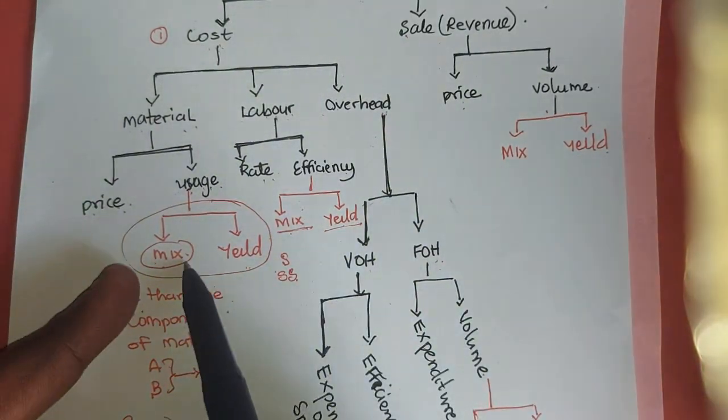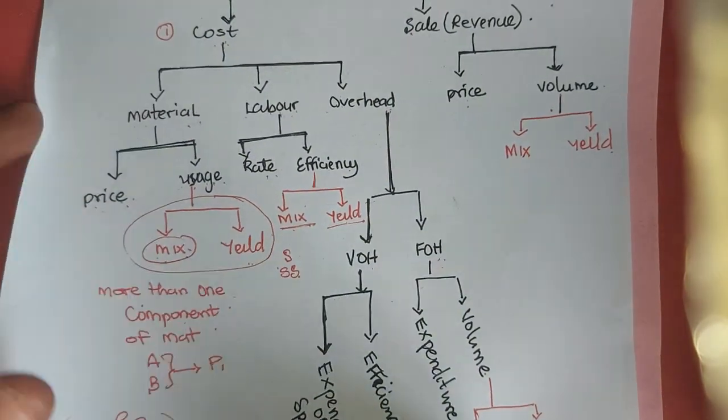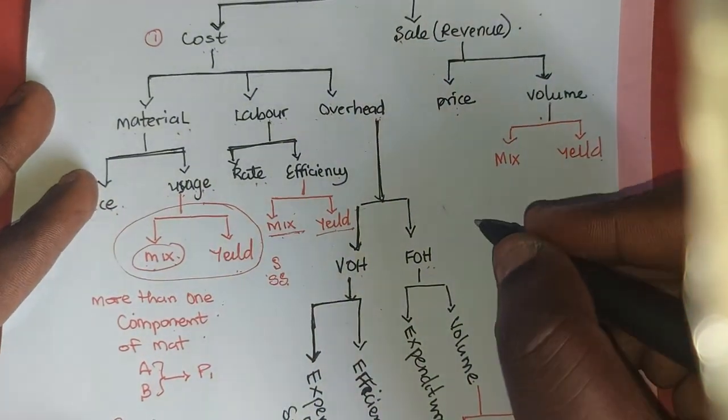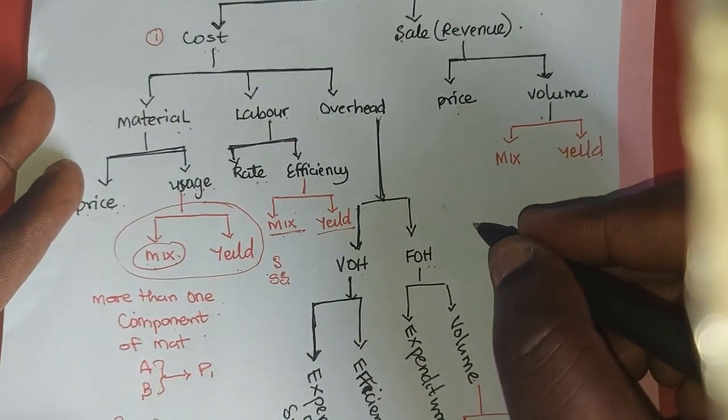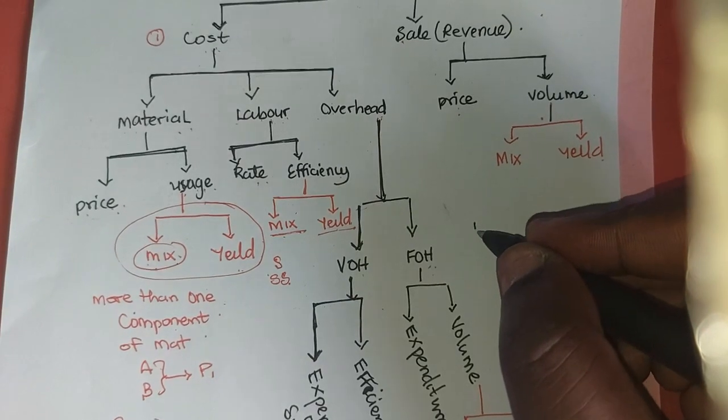You can go further if you discover that the company produces more than one material component.